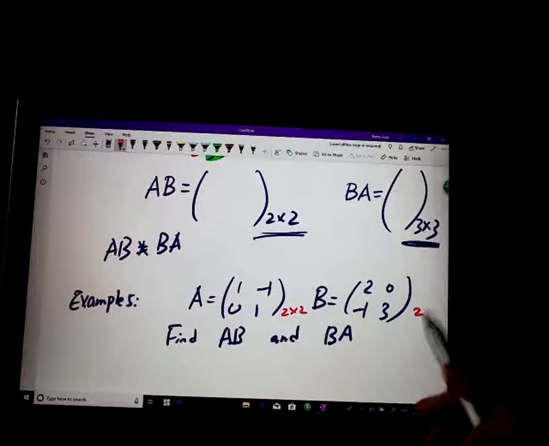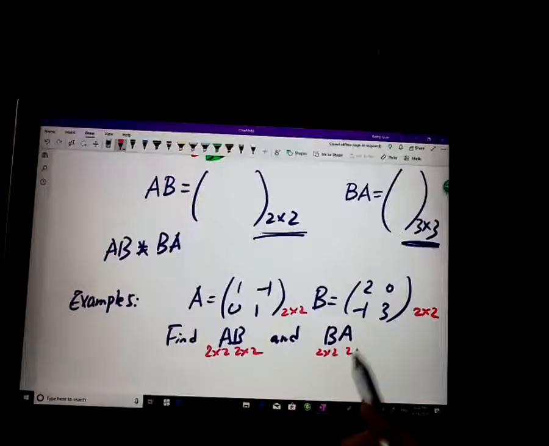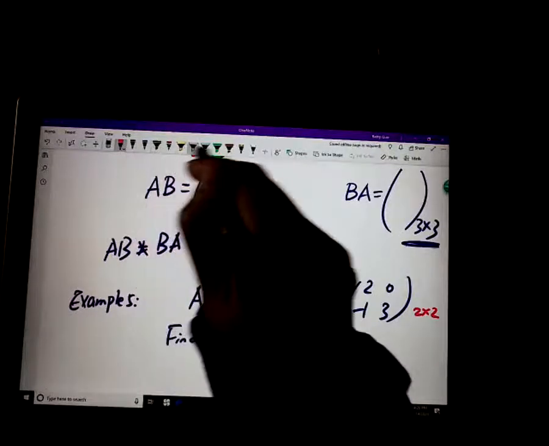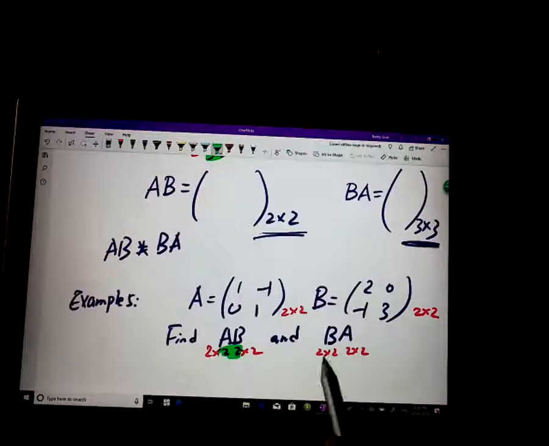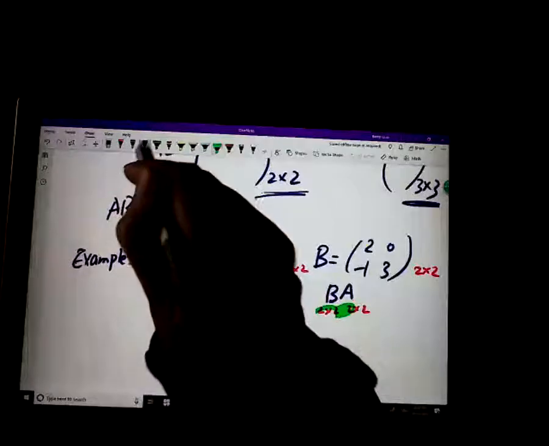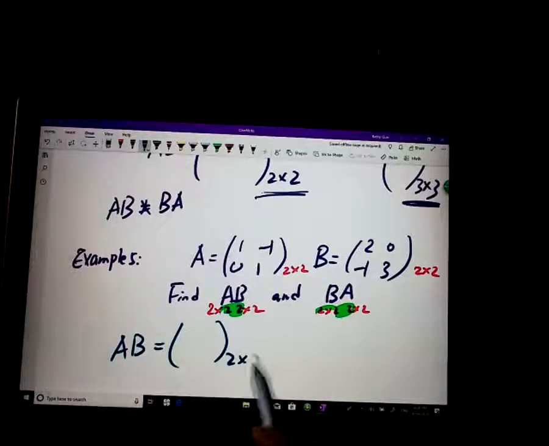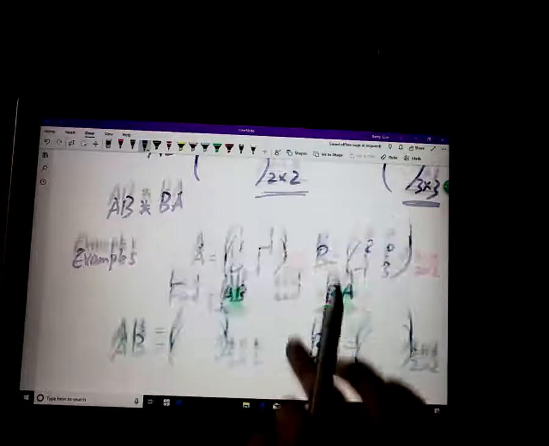This is 2 by 2, 2 by 2. Yes, they are both well defined. A times B is going to be a 2 by 2 square matrix, and B times A is going to be a 2 by 2 square matrix as well.